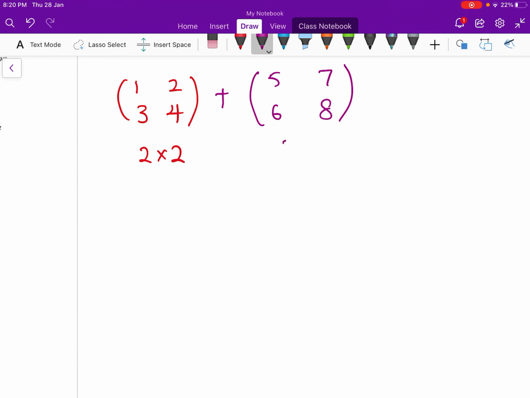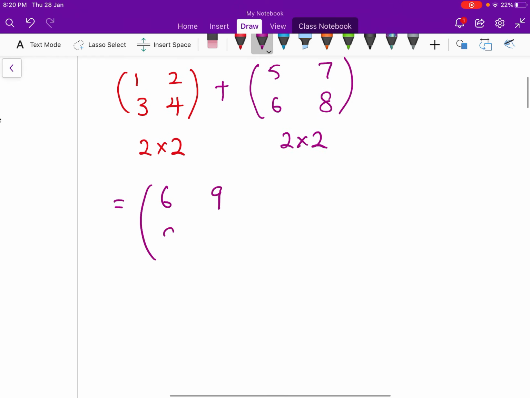So this must also be 2 by 2. Just add accordingly. 5 plus 1 is 6, 2 plus 7 is 9, 3 plus 6 is 9, 4 plus 8 is 12. Just remember this, they must be the same order.